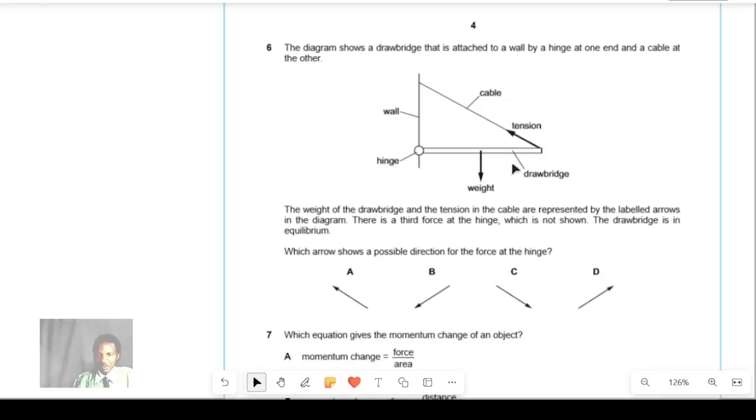For this bridge to be in equilibrium, the weight gives a clockwise moment and the tension gives an anticlockwise moment. Because the tension is acting at an angle, its moment is always lower than that of the weight, so the only way to balance it is this. So the answer here is D.